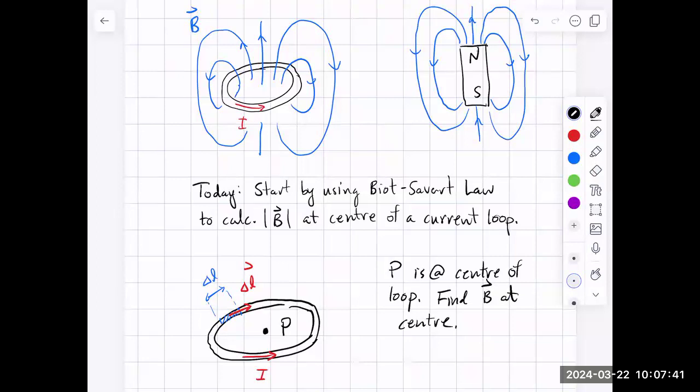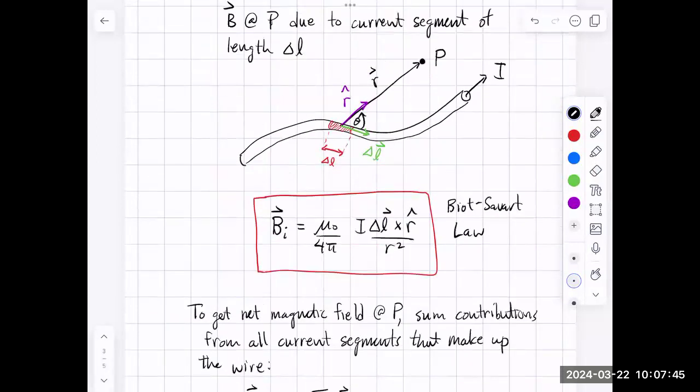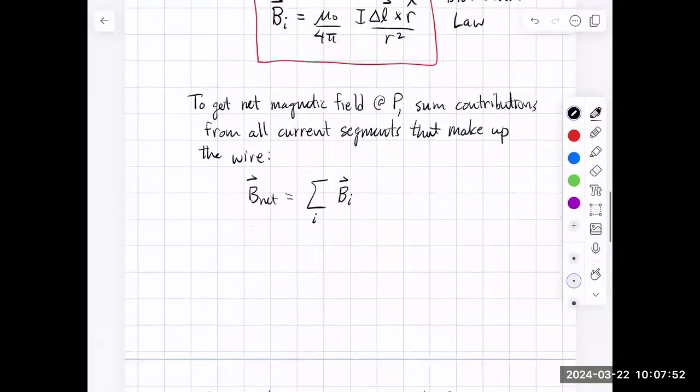Okay, let's just write down the Biot-Savart law again. So there it is: mu naught over 4 pi, I delta L cross r hat, divided by r squared.